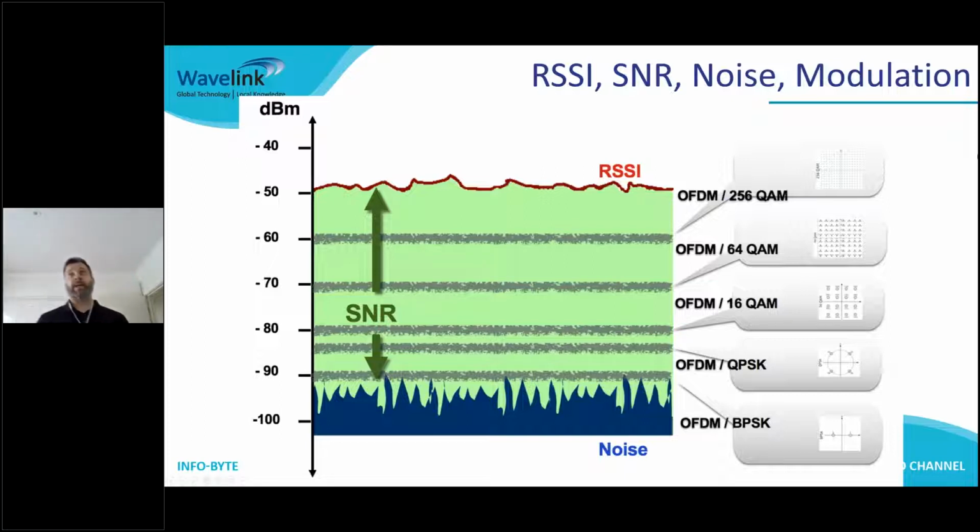Modulation for the devices, our signal to noise ratio, noise itself, and our received signal strength indication are all very important factors to be taken into consideration when a customer may come to you and go, hey, Nath, what the hell? You sold me this solution. I can't get the speeds that you told me that you were going to get.